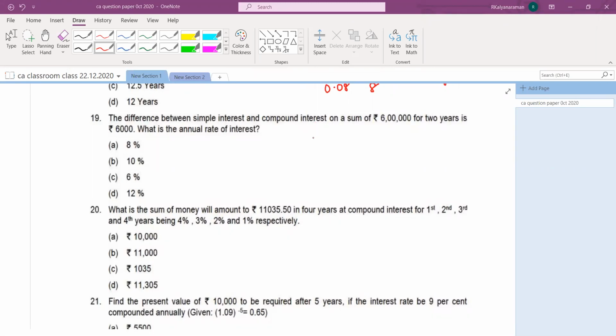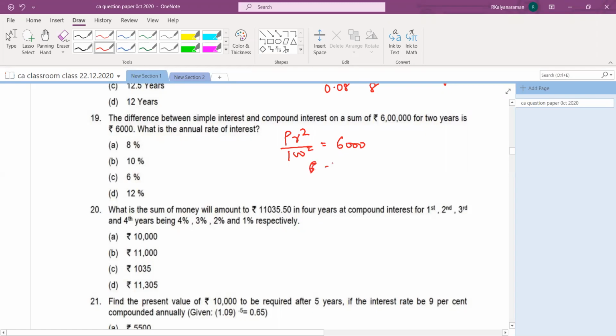The difference between simple interest and compound interest: you know the formula for the difference is for 2 years, not for all the years. This is the difference between simple interest and compound interest for 2 years, which is equal to 6,000. So what is the rate of interest? Here 6 lakhs.